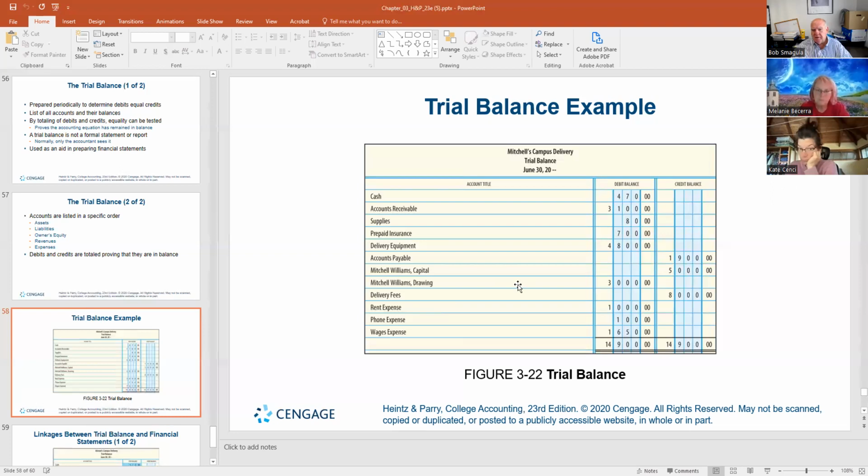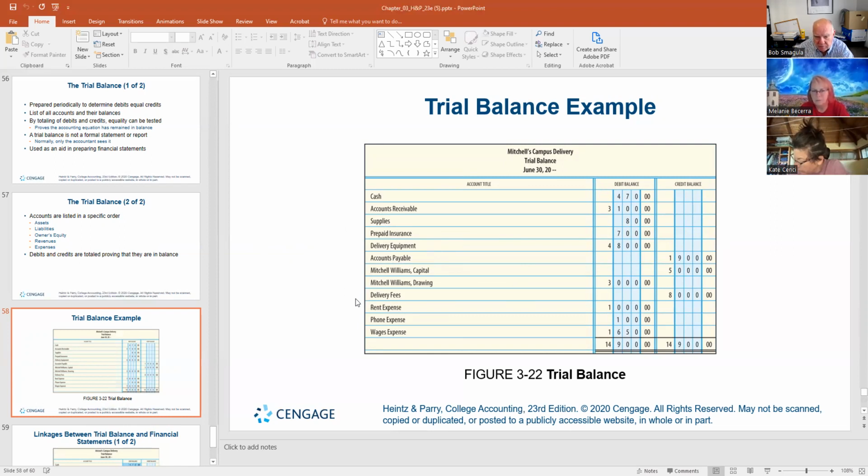So now we're assuming that this trial balance is okay. In a future chapter, you're going to learn that there's a lot more work to be done on the trial balance. But for now, we're assuming that this trial balance is absolutely perfect. Remember the order it's in: assets, liabilities, equity, and then revenues and expenses.